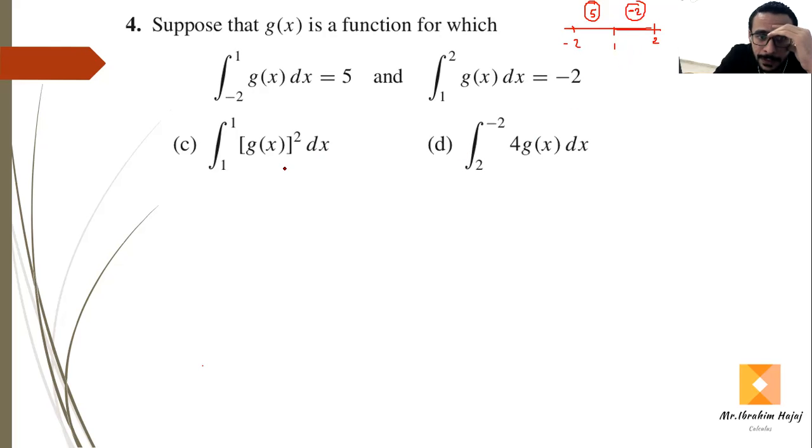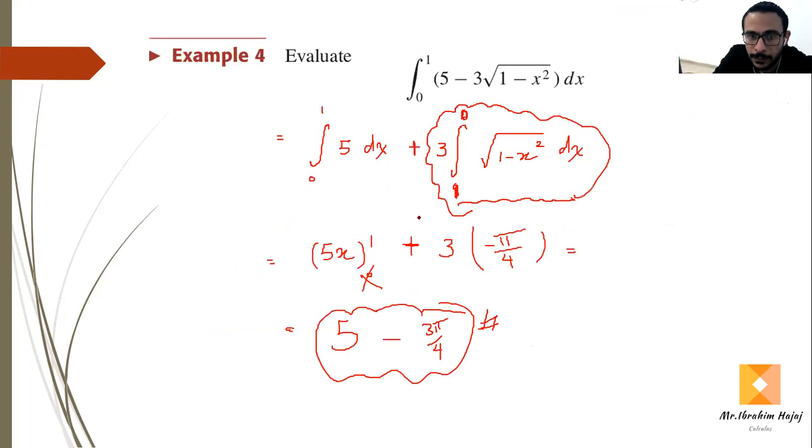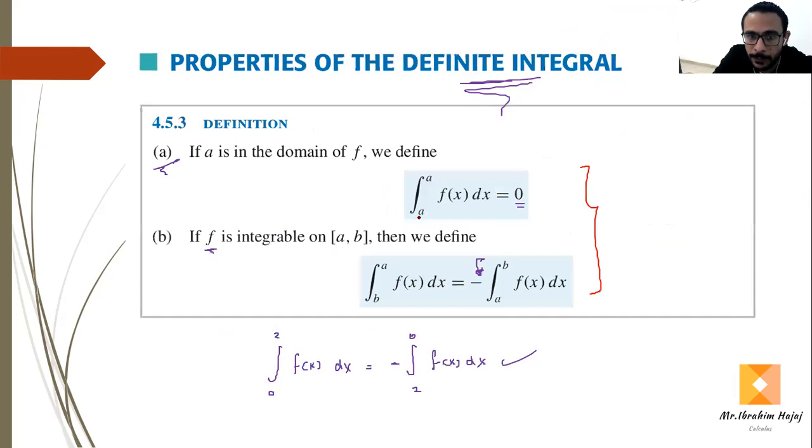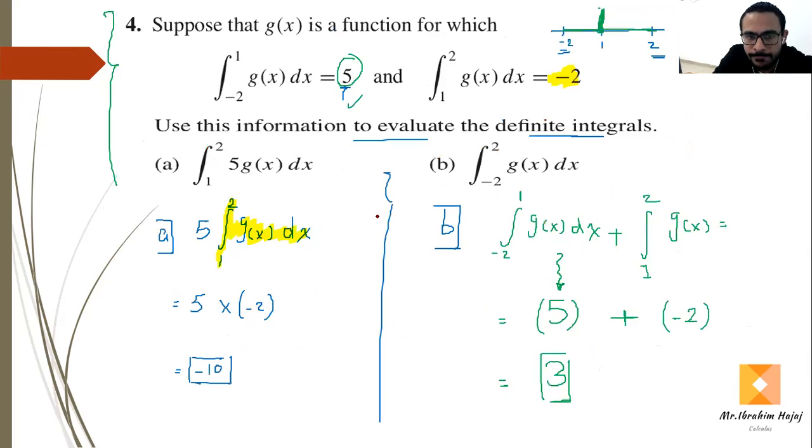And I need from 1 to 1, so it's directly equal to 0, based on this fact: from a to a equals 0. Okay, so it's 0, right?